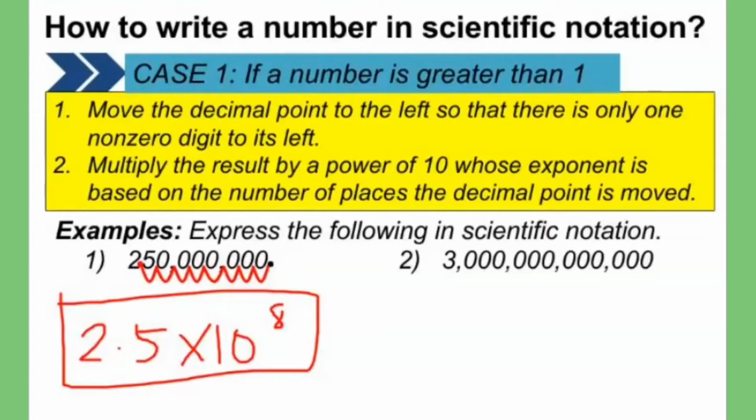Sa ating pangalawang example, we have 3 trillions. Again, the decimal point of this whole number can be found at the right side of the ones digit. Kapareho ng ating ginawa sa example number 1, i-move na natin ang ating decimal point.